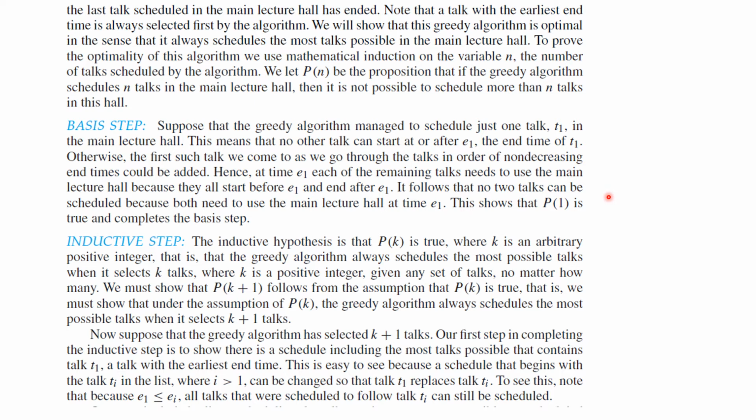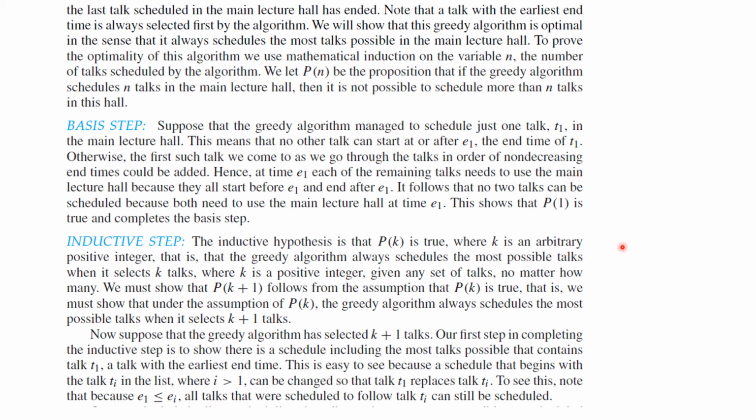It follows that no two talks can be scheduled because both need to use the main lecture hall at time E1. This shows that P(1) is true and completes the basis step. If you're just scheduling one talk, you certainly can do this, and so that's what you're really doing here.